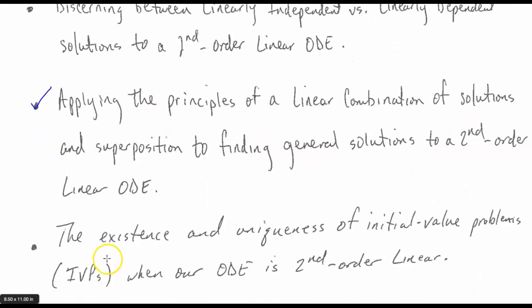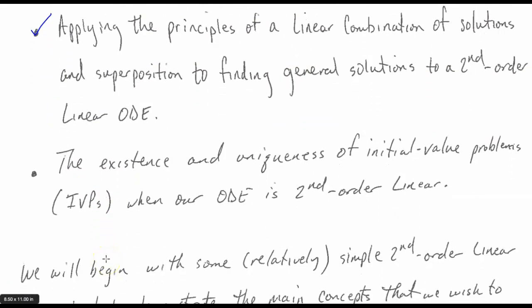The last thing that we want to talk about will be the existence and uniqueness of an initial value problem when our ordinary differential equation is a second order linear one. So basically what this boils down to is, we know that with first order, if we had an initial value problem, we had one initial condition and one constant that we needed to solve for.